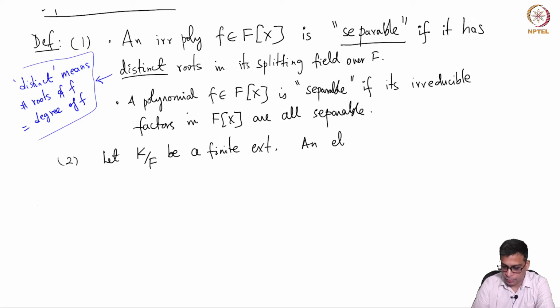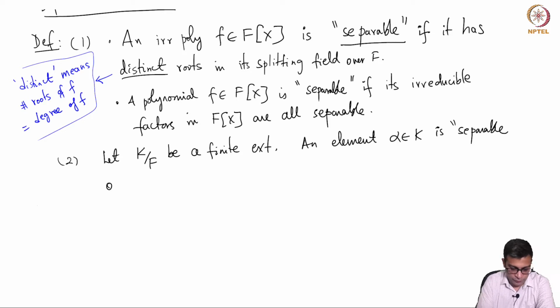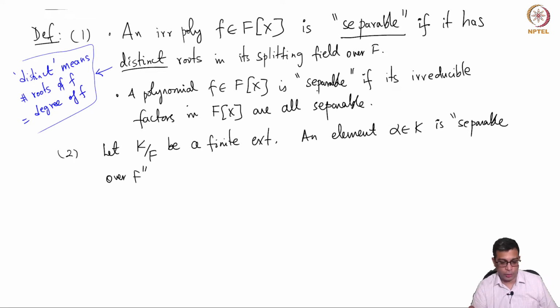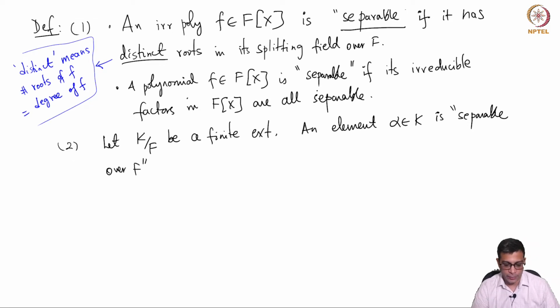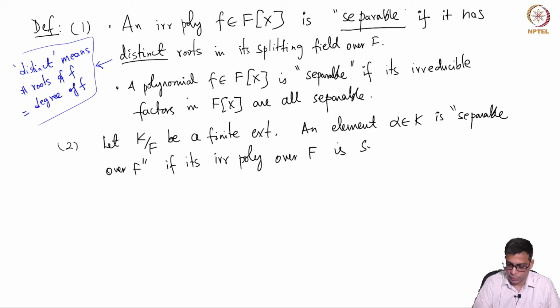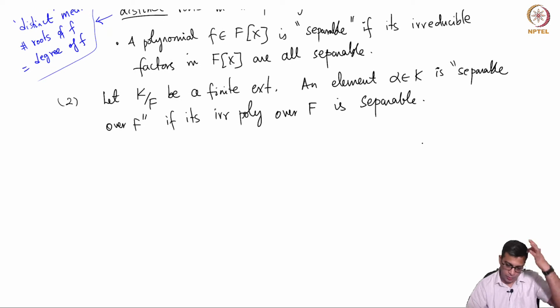An element alpha in K is separable over F. I have defined in one the notion of a polynomial being separable. Now I am defining an element being separable. An element is separable over F if its irreducible polynomial over capital F is separable. A finite extension is always algebraic, so this element will have an irreducible polynomial. If that is separable, then the element itself is said to be separable.